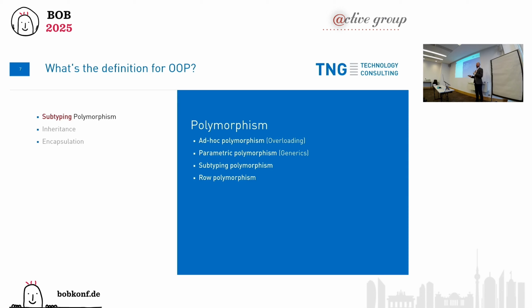Most functional languages, on the other hand, are based on parametric polymorphism, so that qualifier does really matter. And as we've learned from Andres in the morning, parametric polymorphism tends to make for good abstractions. Ad hoc polymorphism tends to lead to rather bad abstractions. And as we will see, subtyping polymorphism, for me, falls into the same category. It also rather leads to bad abstractions.